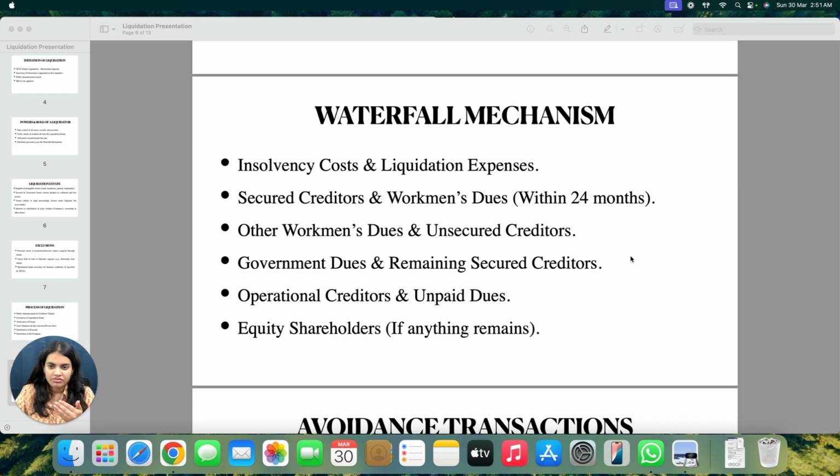If the liquidator finds a buyer for that amount or a higher amount, then he will sell it to that buyer.